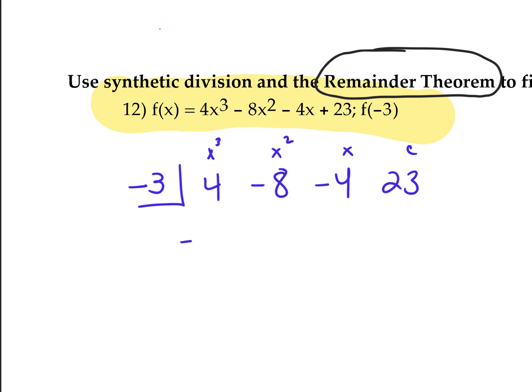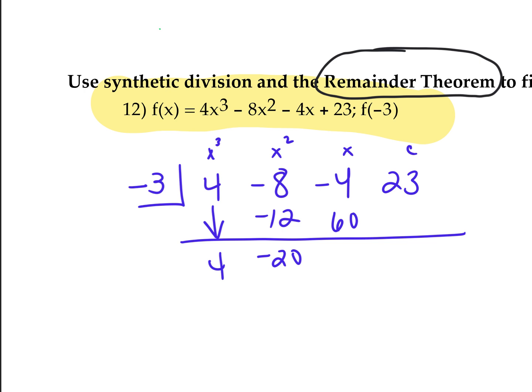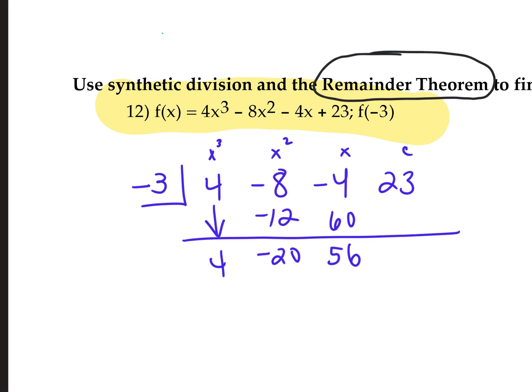But how do we synthetically divide? We bring down our first term, multiply to the corner, and add down. So 4 times negative 3, negative 12. What's negative 8, negative 12? Negative 20, okay? Negative 20 times negative 3, 60. Negative 4 plus 60, 56. 56 times negative 3.